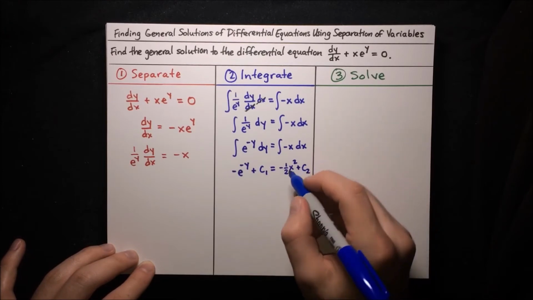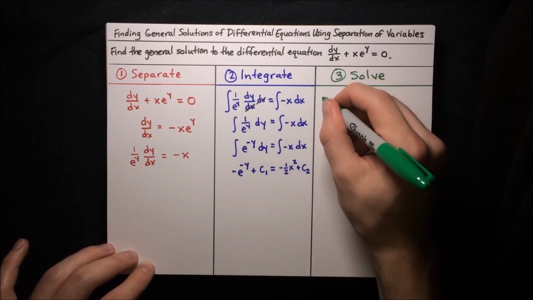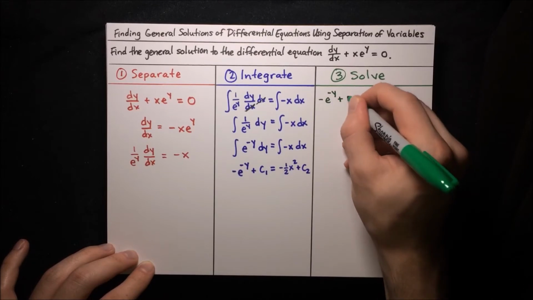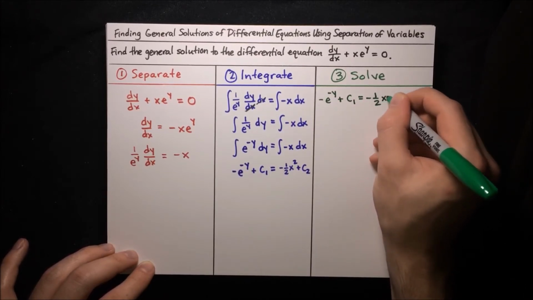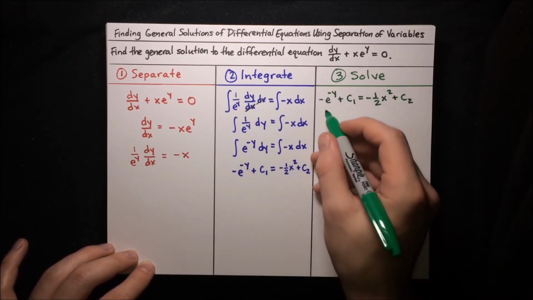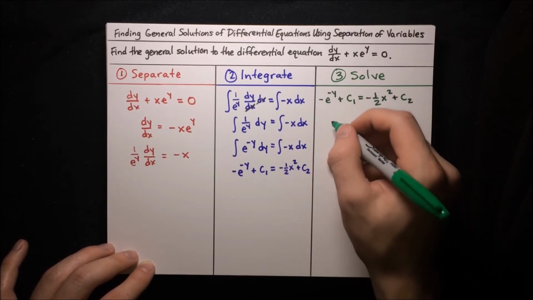And now we're done with the integration step, and it's on to step 3, solve. In step 3, we want to solve for y in our equation. So we'll write it again. Negative e to the negative y plus c1 equals negative 1/2 x squared plus c2. First, let's get this negative e to the negative y on its own side, all alone. So we'll move that c1 over, we'll subtract it over.